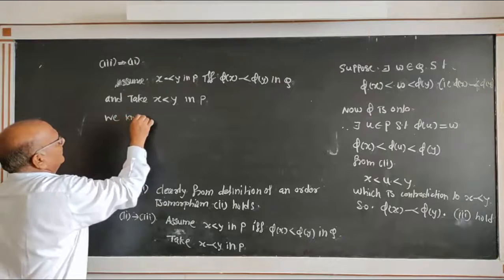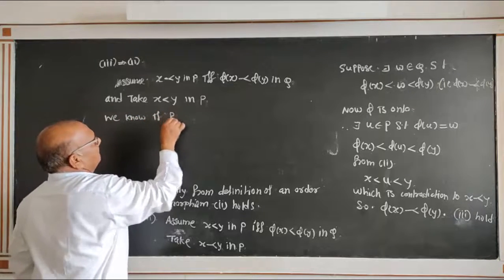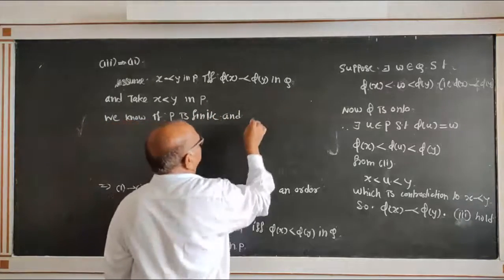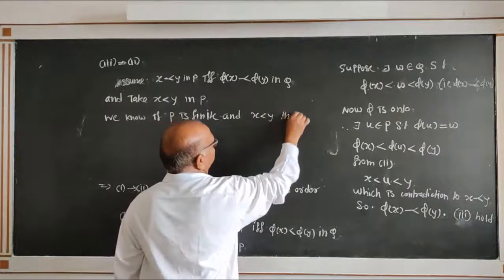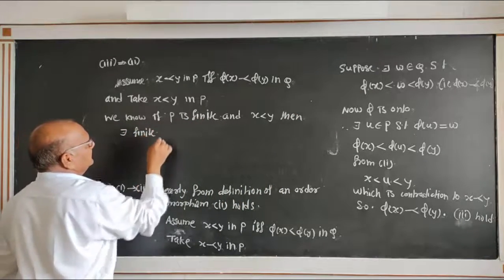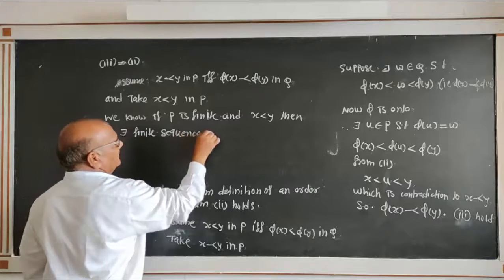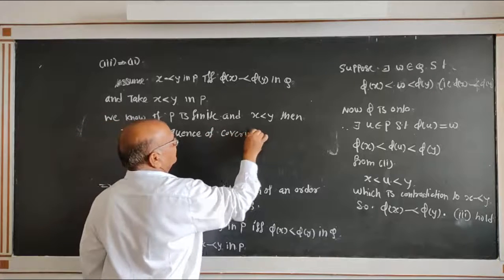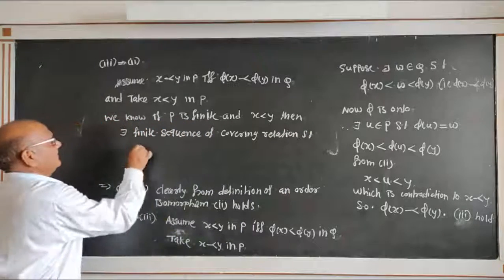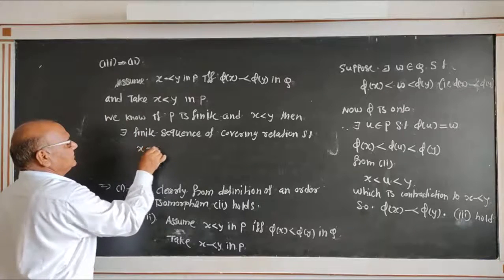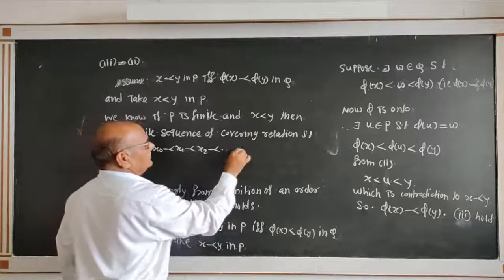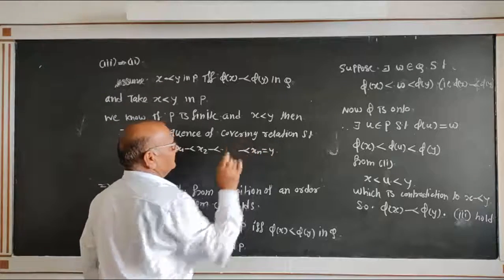We know if P is finite and x < y, then there exists a finite sequence of covering relations such that x = x0 covered by x1 covered by x2 and so on, covered by xn, and xn is y.